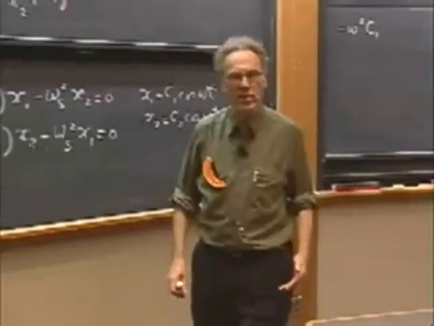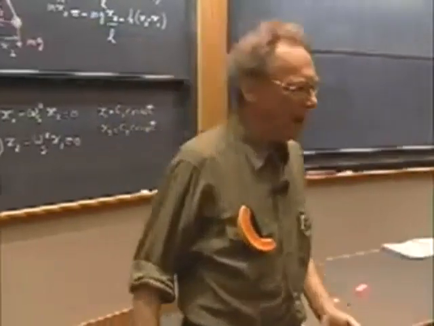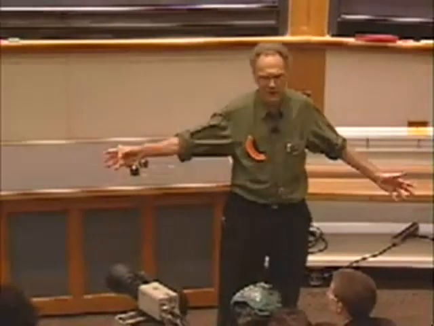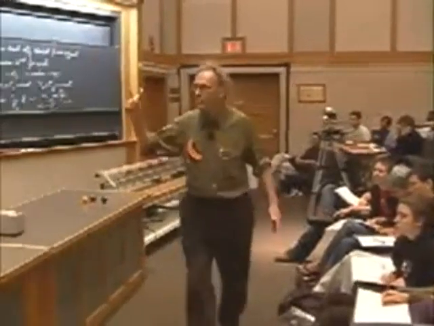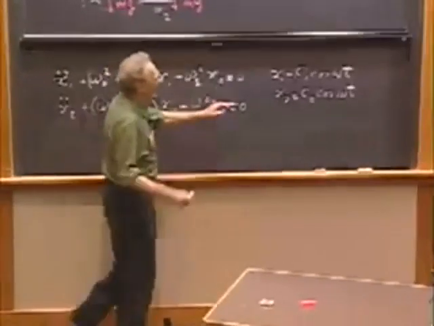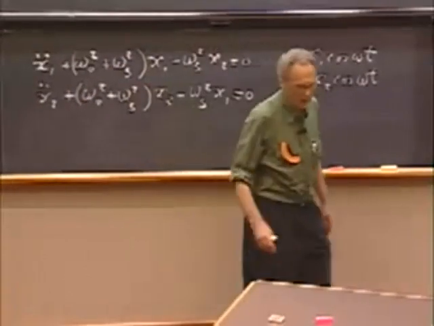And the hell with cosine omega t. Why the hell with cosine omega t? Because every term will have cosine omega t, so you might as well divide it out right away. Every term that you're going to have in here will have a cosine omega t in it. So I'll leave the cosine omega t out now.